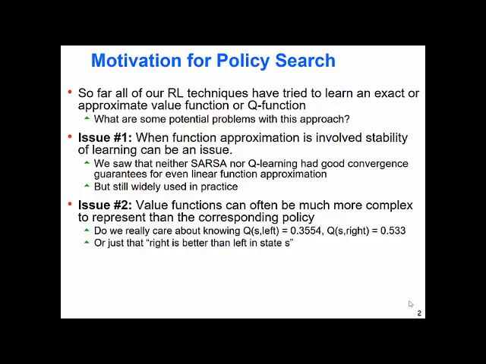And that just requires representing the max of the Q function. So generally, Q functions are going to be more complicated to represent, or at least no less complicated than the policy.